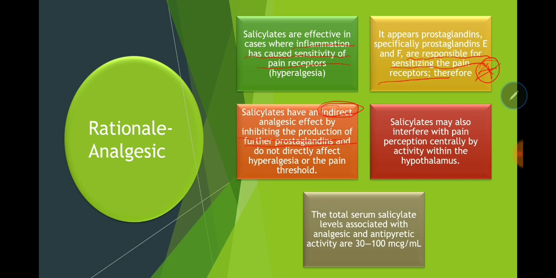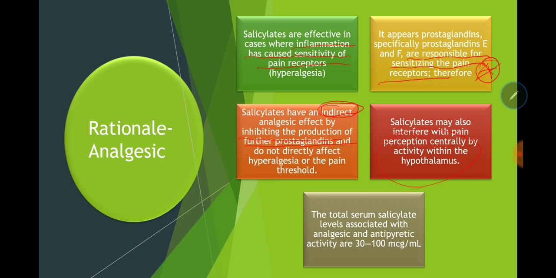All right. So salicylates may also interfere with pain perception centrally by acting within the hypothalamus. So they prevent the way you perceive pain, meaning the sensory input from the hypothalamus is blunted.